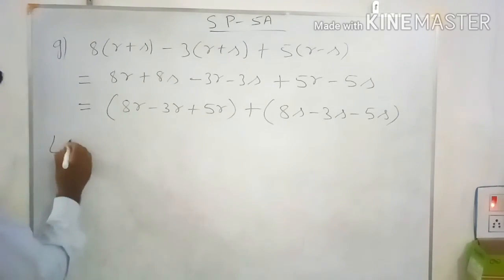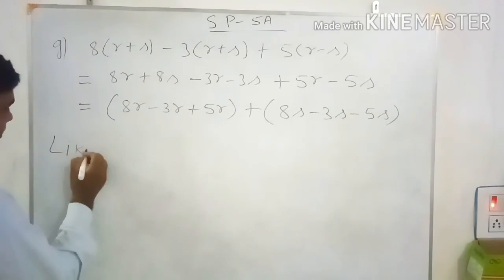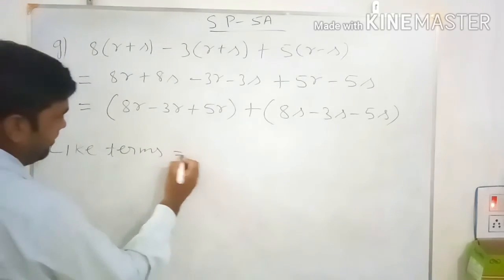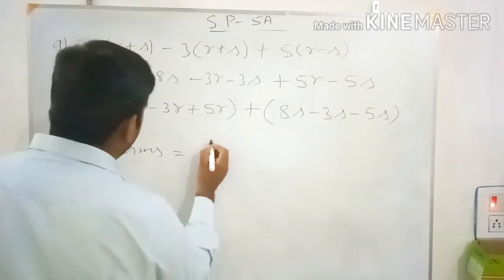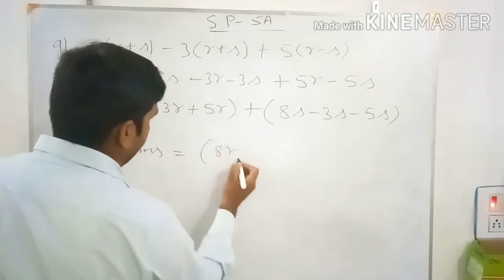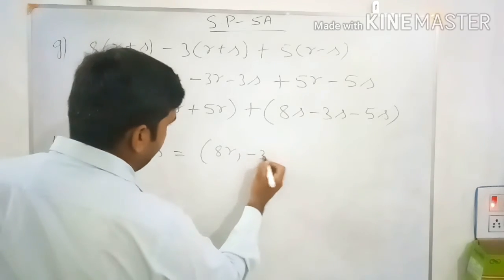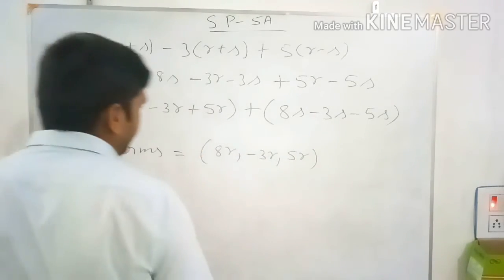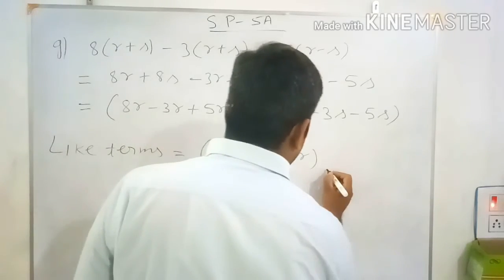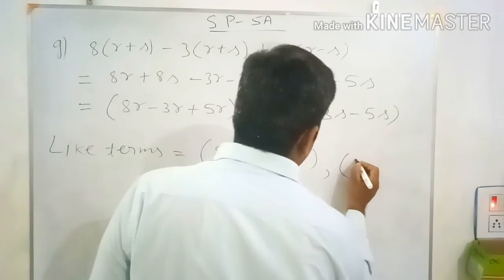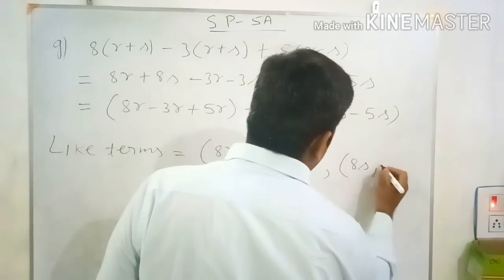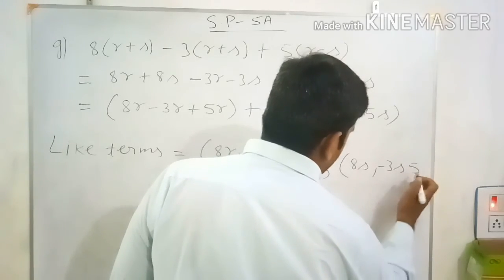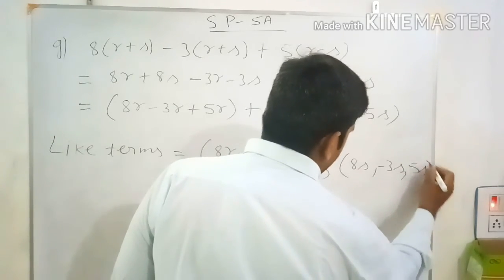Now what are the like terms? These two brackets are the like terms only. So like terms equals, in one bracket you can write 8r, minus 3r, 5r. In another bracket also you can write the next like terms: 8s, minus 3s, minus 5s.